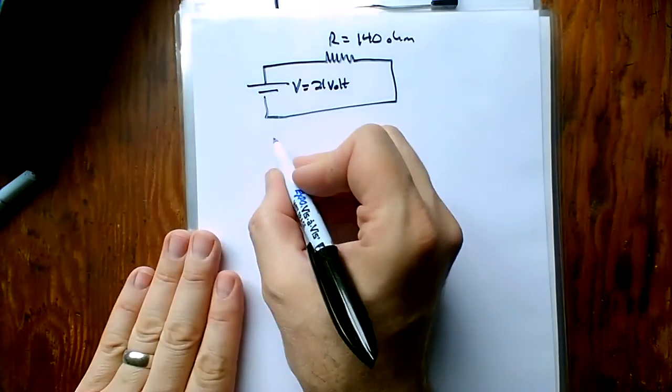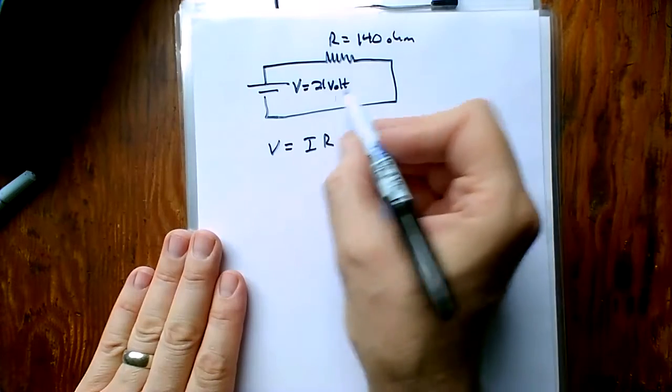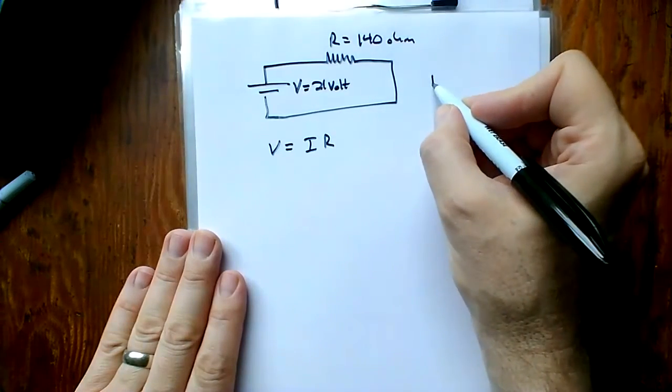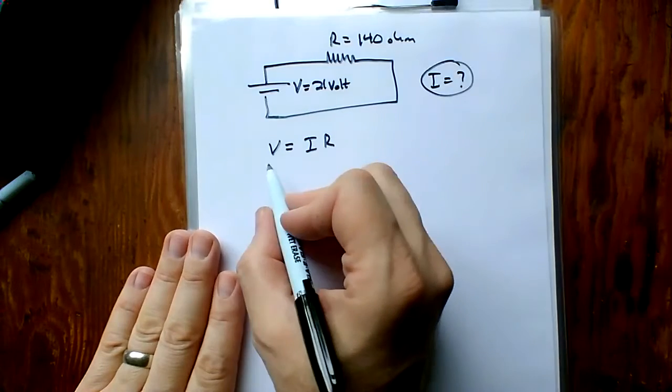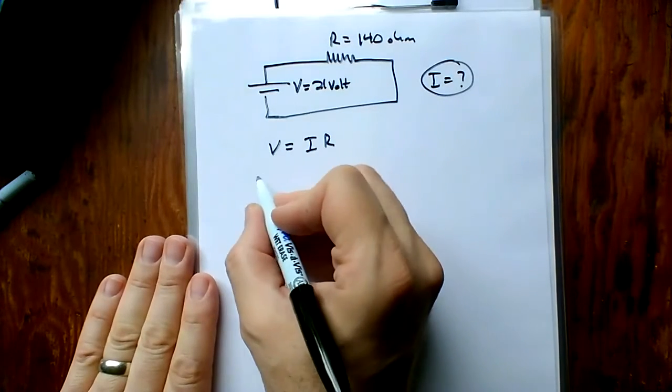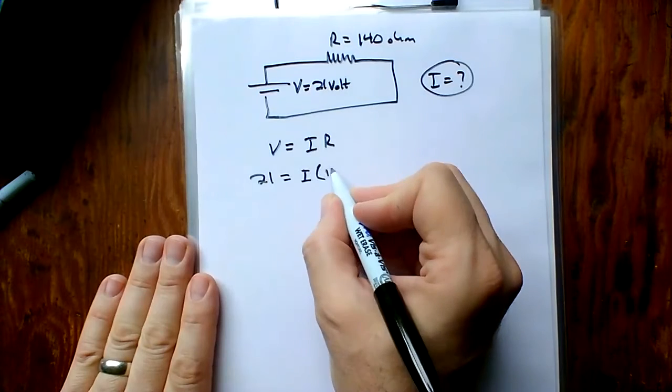Okay, well, V equals IR. We're clearly looking for our current. Current is unknown, so let's plug it in. That would be 21 is equal to I times my 140.